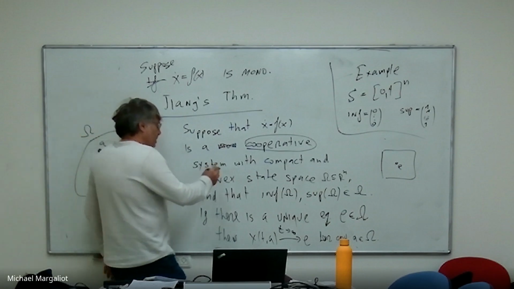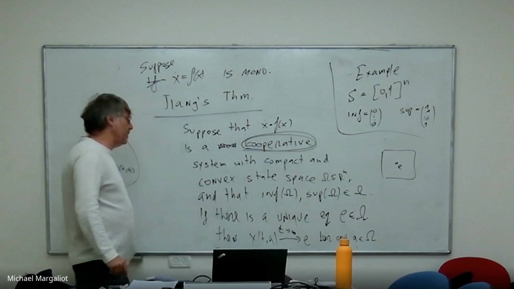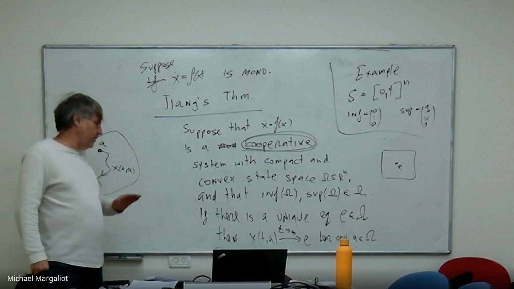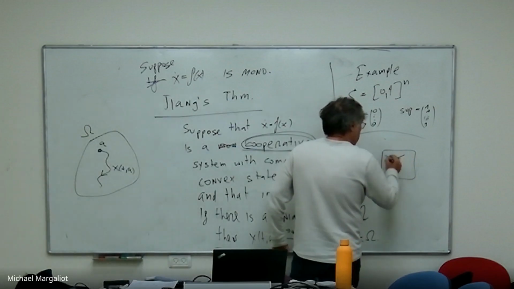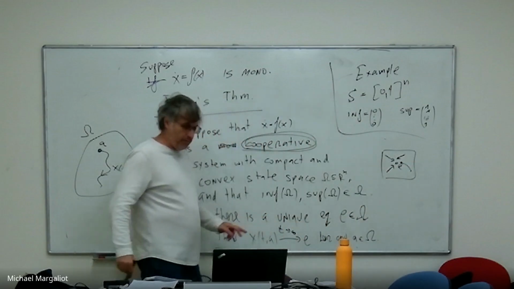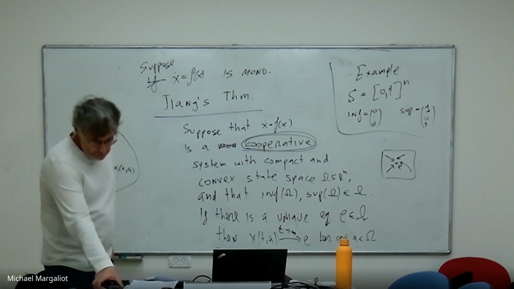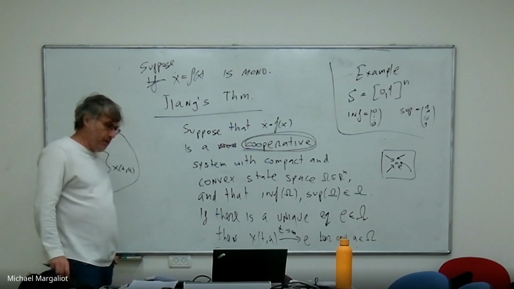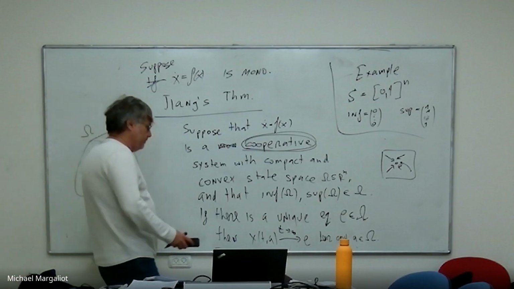But Jiang's theorem tells us that if the system is cooperative, then the existence of a unique equilibrium immediately implies that every trajectory goes to this equilibrium. It doesn't say anything about the rate of convergence, by the way, but it does say that everything converges to the equilibrium.